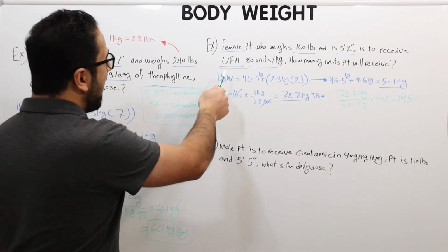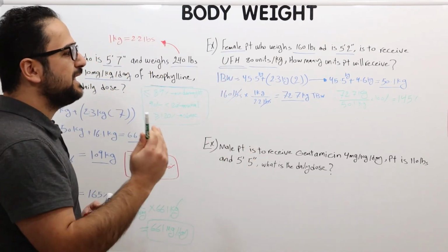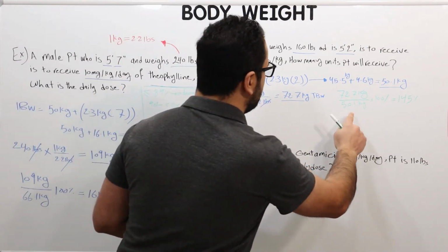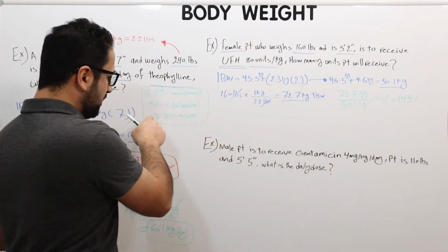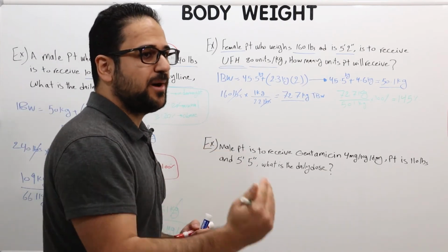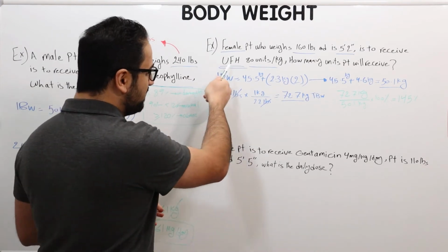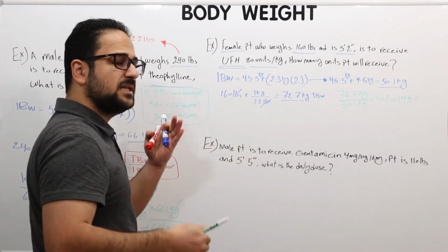However, again, we have another medication that has an exception. Remember, there are 3 medications. If the patient is obese, over or equal to 120%, we're going to end up using the total body weight or actual body weight. And these 3 medications, one of them is unfractionated heparin, basically heparin.